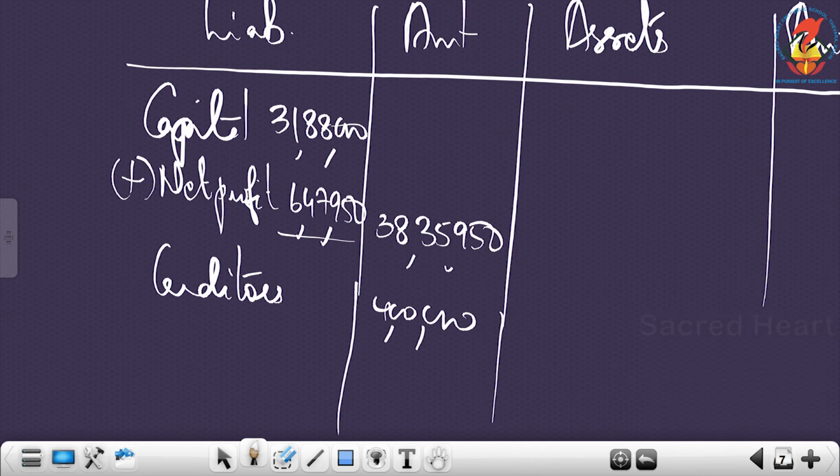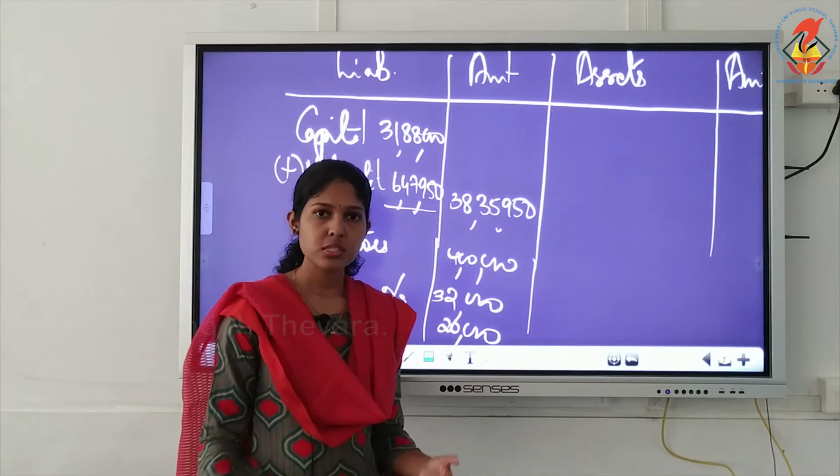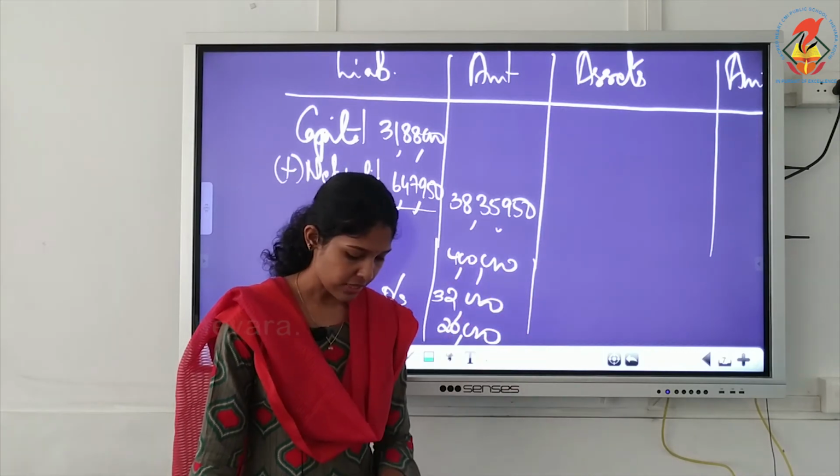So with sundry creditors, only these two items are there inside the trial balance. Now we will go through the adjustments. We have outstanding salary. So all these must come here. And outstanding wages we have, wages outstanding, it is 20,000. Okay, that loss, that insurance claim will come only on the asset side.